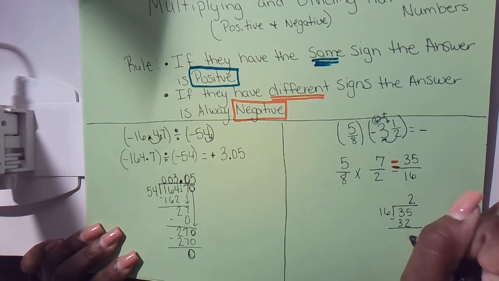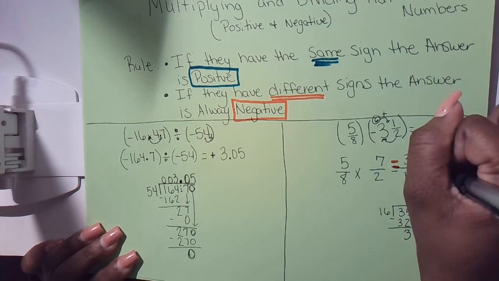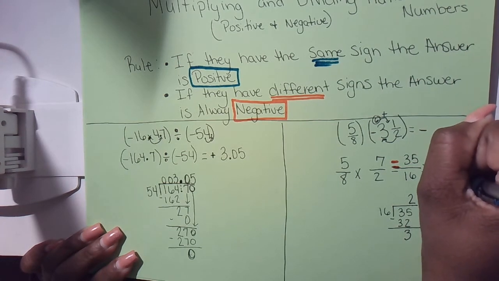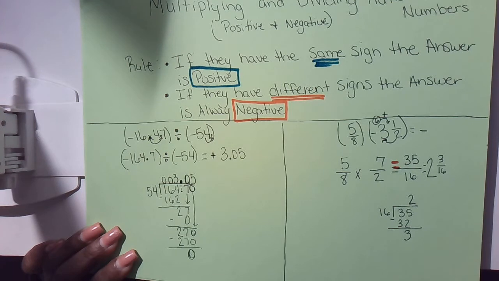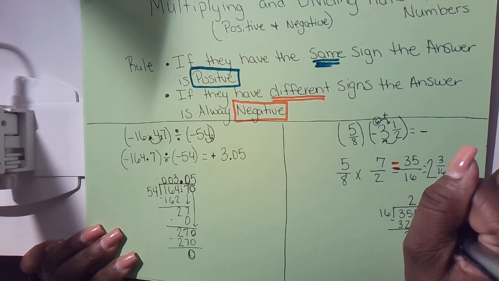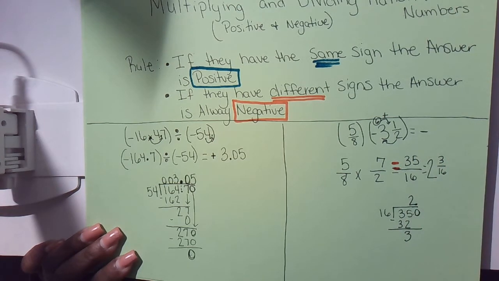When I subtract, that leaves me with 3 pieces left over. So I could also write this as 2 wholes and 3 over 16. Now, I can continue and make this a decimal, but I want to see if you guys can come up with the answer.